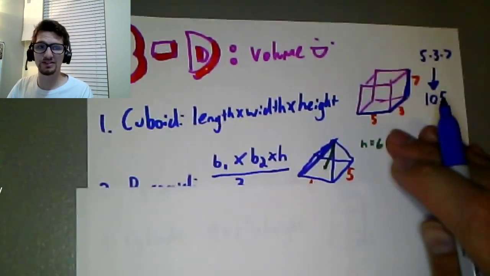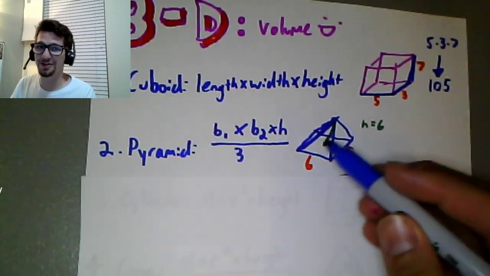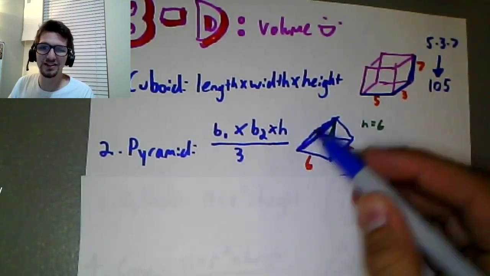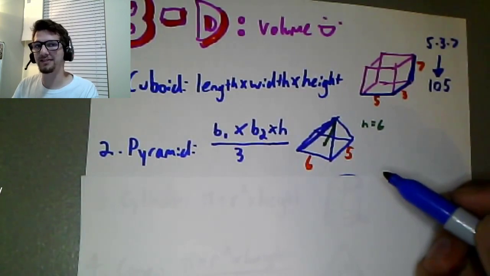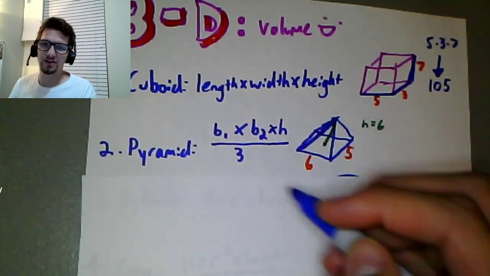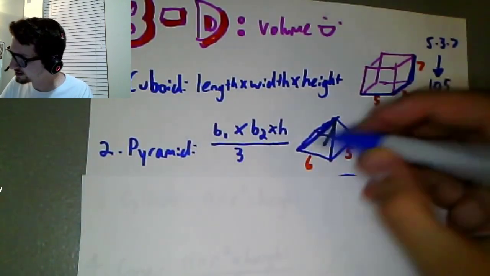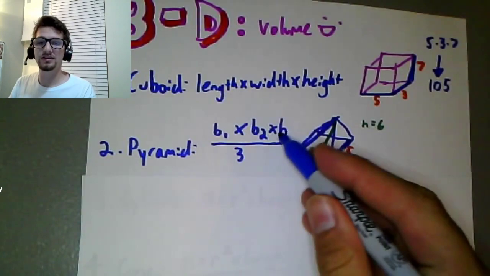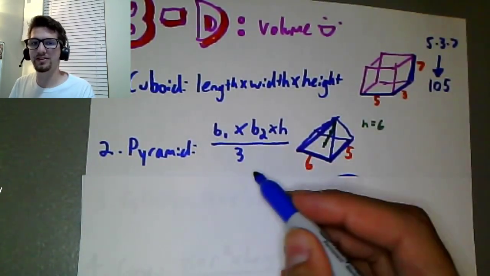Next up on the list, that one's easy. A pyramid. I'm so bad at drawing them, it's unbelievable. But it's any square base with 4 triangles coming off of the square base. So the equation for this is your two bases, base 1 and base 2, times your height, which will be right here, divided by 3.